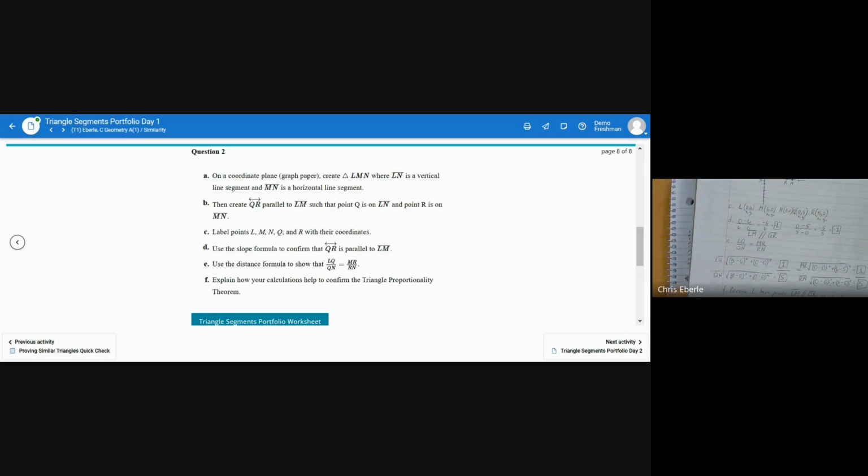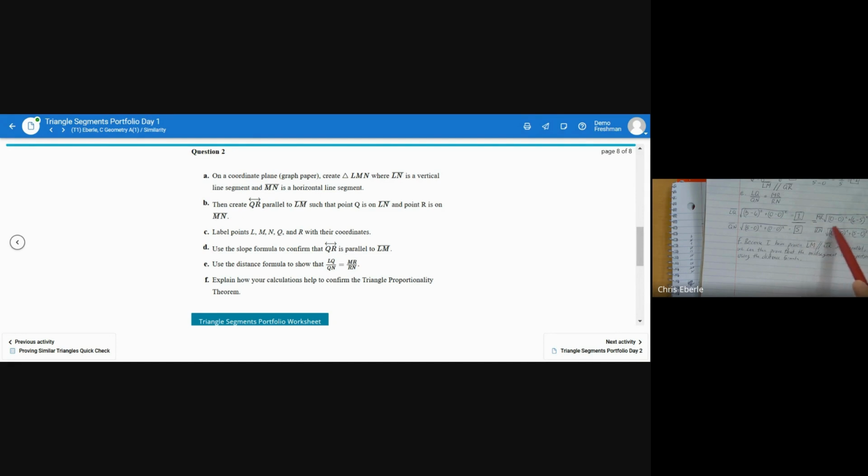So let me move this up so you can see it. Okay, so I used the distance formula here to find that LQ is 1, and I used the distance formula here to find that QN is 5, so it's a 1 to 5 relationship.